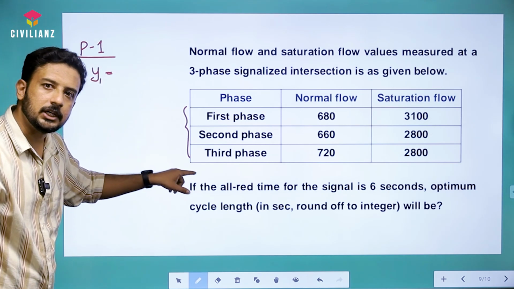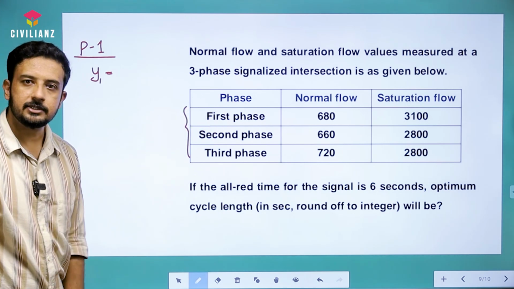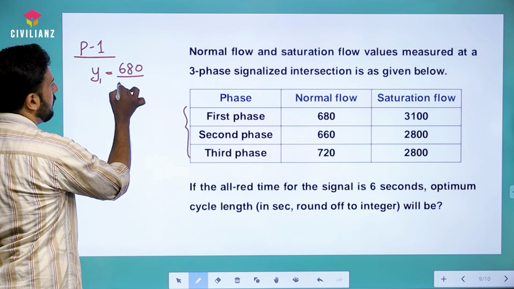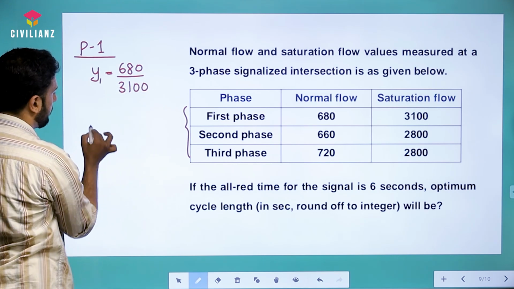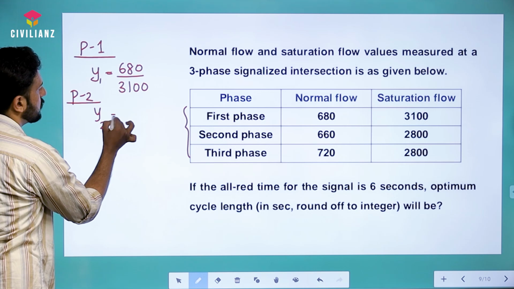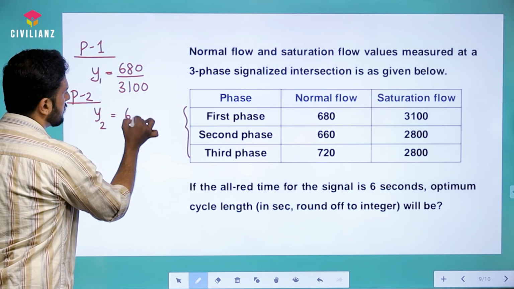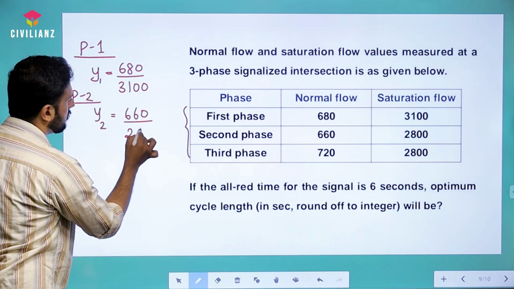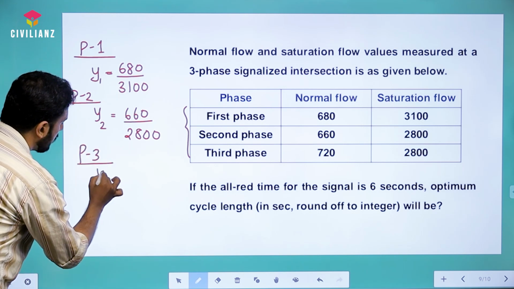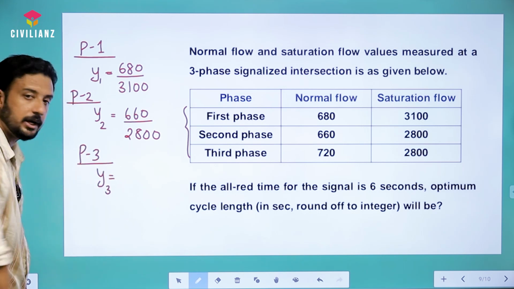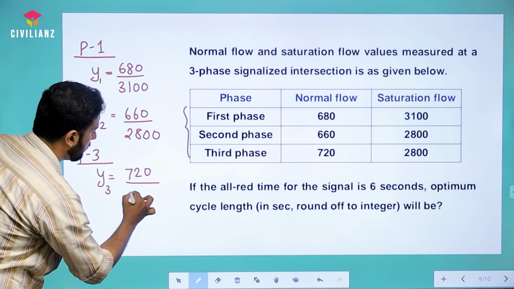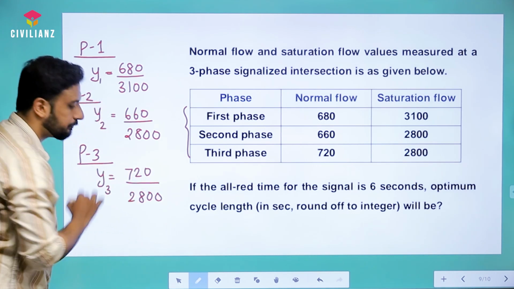The normal flow to saturation flow of that first phase: 680 divided by 3100. For phase 2, Y2 will be 660 divided by 2800. For phase 3, the critical flow ratio, I can call it Y3, will be 720 divided by 2800.